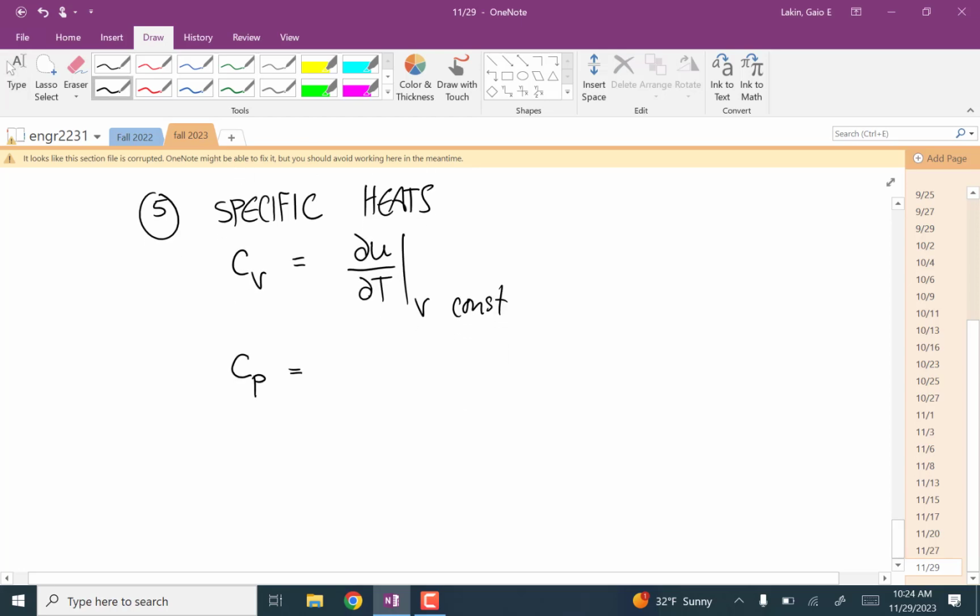And the pressure specific heat is the partial of specific enthalpy with respect to temperature, holding pressure constant. If you get into more complicated heat transfer classes, you'll use these, but not in this class.